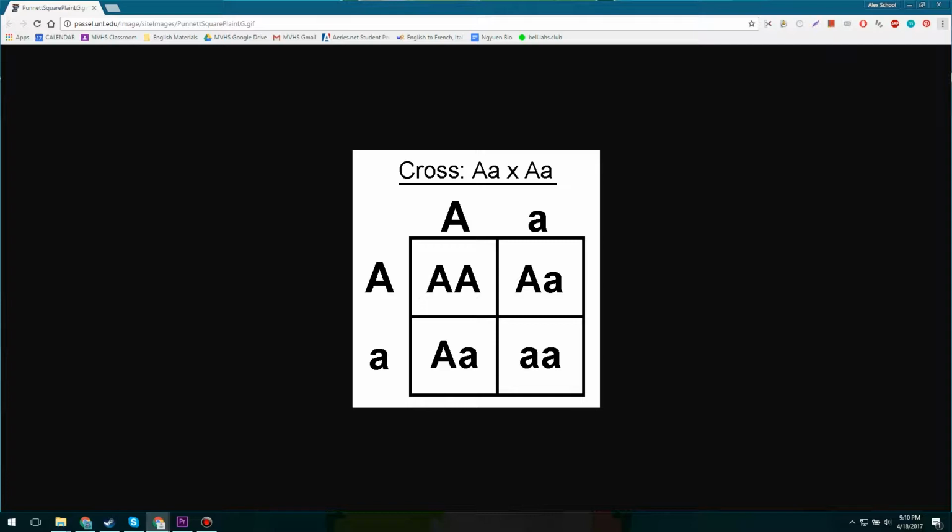However, if there's a capital A and a lowercase a, the capital one always wins. Dominant traits will always show over recessive traits. So the only way for a recessive trait to show is if it's double recessive, and we can use that to kind of decipher what people have what disease.